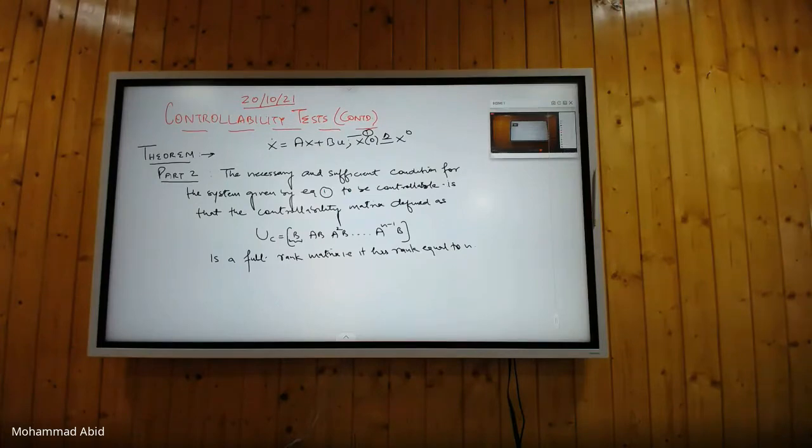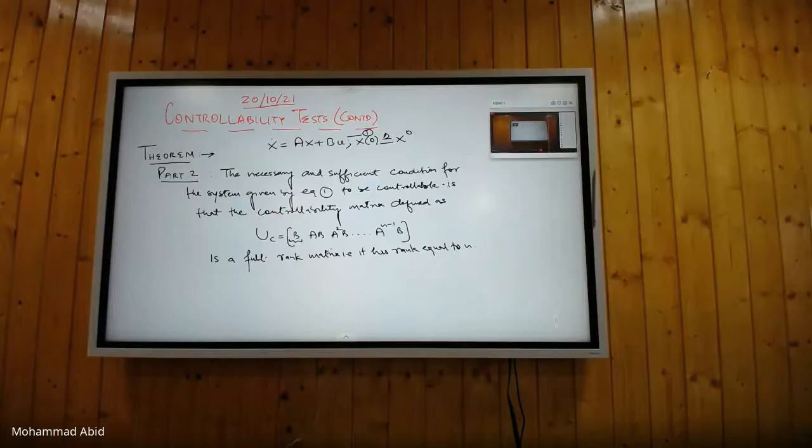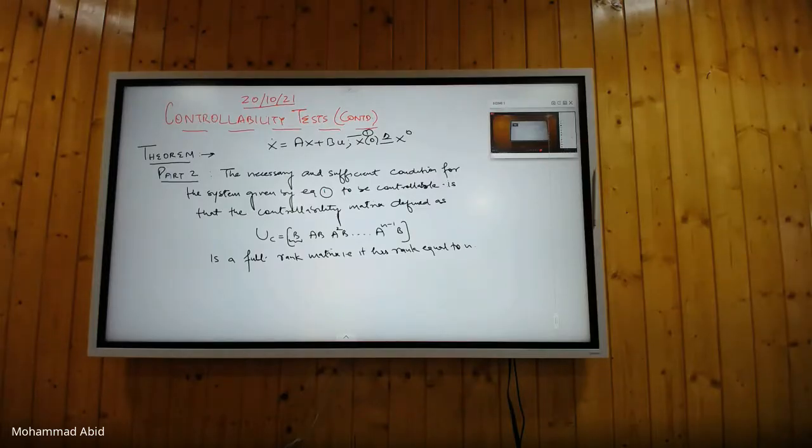Hi, Pradeep. Can you hear me? Yes, sir. Manish. Manish, tell me what is the size of B for a single input, single output system? Sir, n cross 1. N cross 1. So it's a single column.